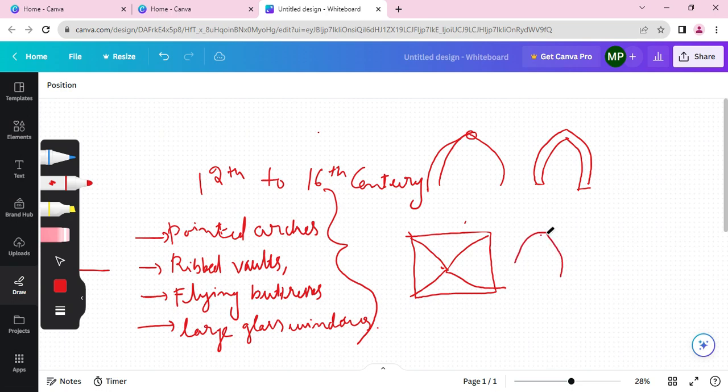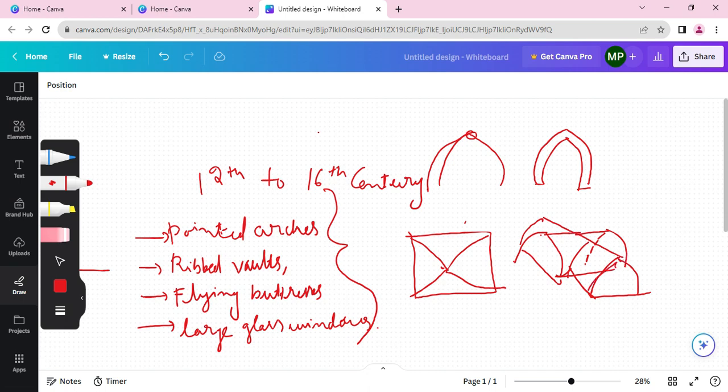In this view, this is one arch extruding, and on this side there is one more arch, shown in a dotted line. Perpendicular to it we have one arch here, and on this side also one arch. This forms this kind of structure in 3D view.